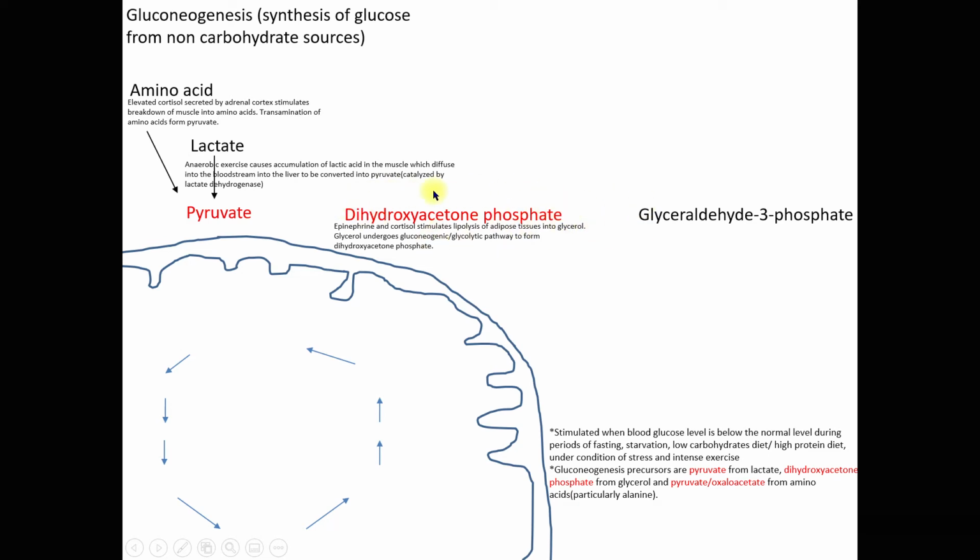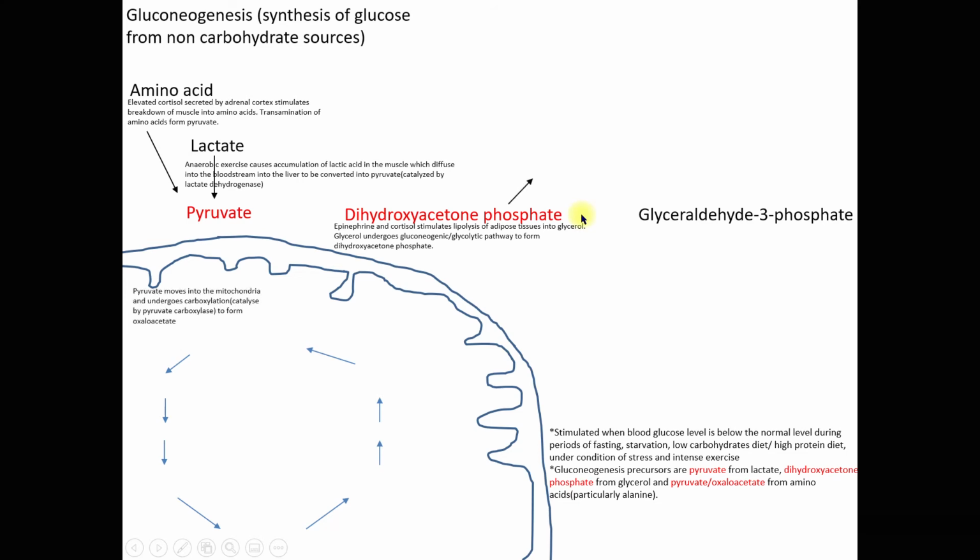The outcome of this, we go into that part later, because we need to discuss what happens here. Later the outcome of this will merge with the dihydroxyacetone phosphate, which eventually marks the end of the gluconeogenesis, where we have synthesis of glucose.